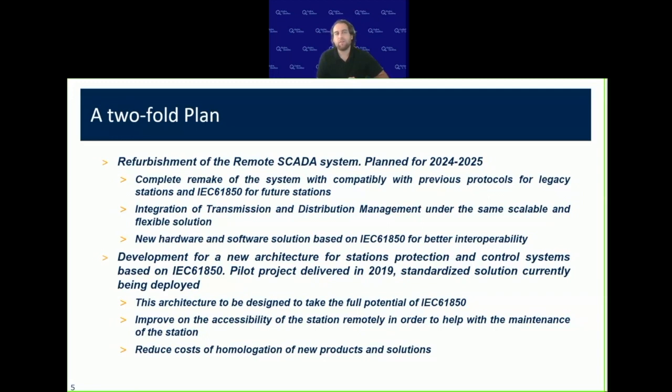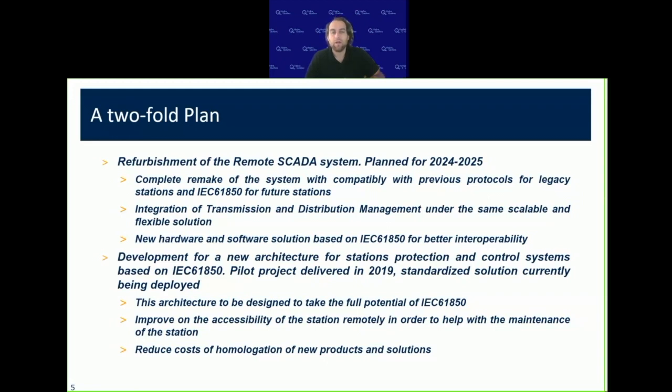At the same time, it was very long to do the homologation of new products, and those had to be in line with the previous technologies in order not to change the interaction between those protections, or it would require additional work to add those new technologies or those new IEDs.